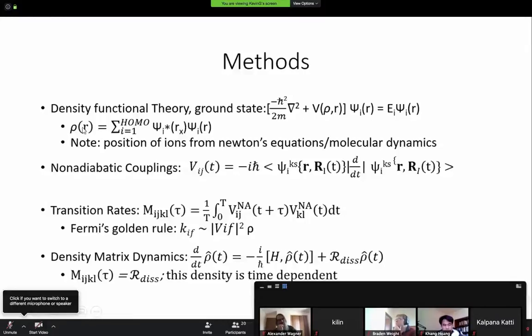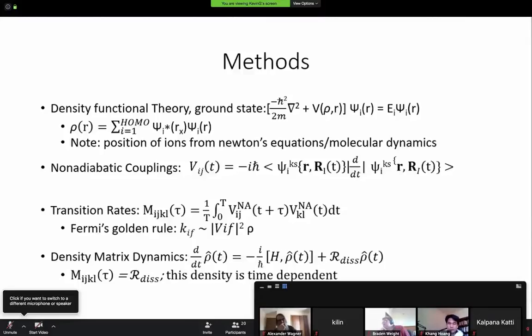So this charge density is computed by multiplying the wave function by its complex conjugate right here. This times that gives us our probability density, and we're summing across all of our occupied orbitals from 1 to our HOMO, which is our highest occupied molecular orbital.